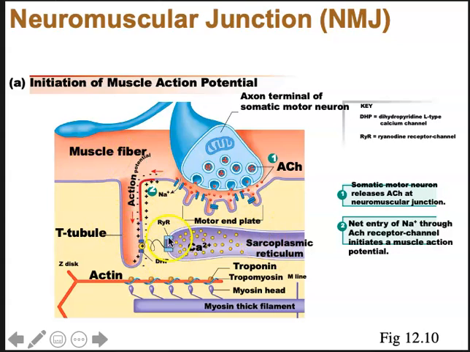And once these channels are opened, the calcium stored in the SR will be released to then participate in the sliding filament model by binding to the troponin complex. And that is something that we'll go through again, of course. This is just a very brief overview.